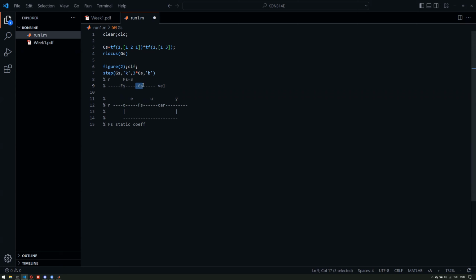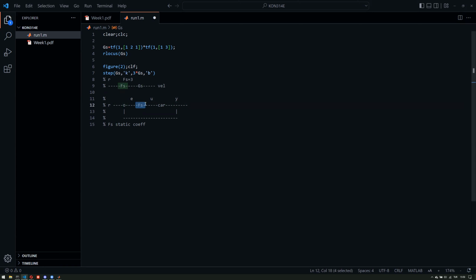Now, a coefficient coming from here in the open loop strategy does not really affect the poles of the system. It doesn't change the poles. It just changes its gain. Therefore, it will never have an effect on its stability.